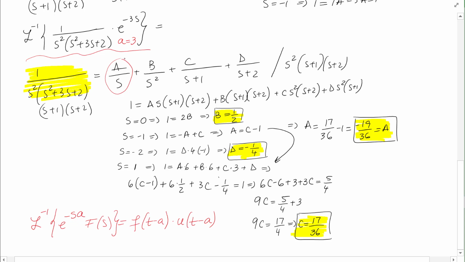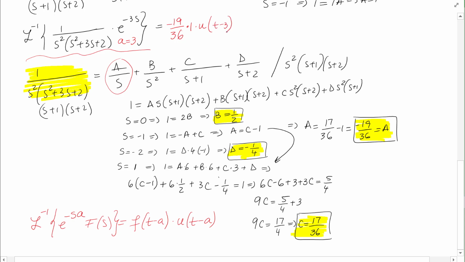So a is negative 19 over 36. And then I have the inverse Laplace transform of 1 over s, which is 1. So we have 1 times u of t minus a, so t minus 3.